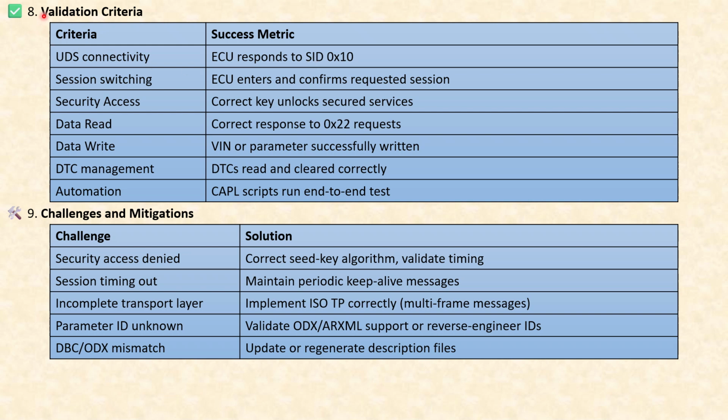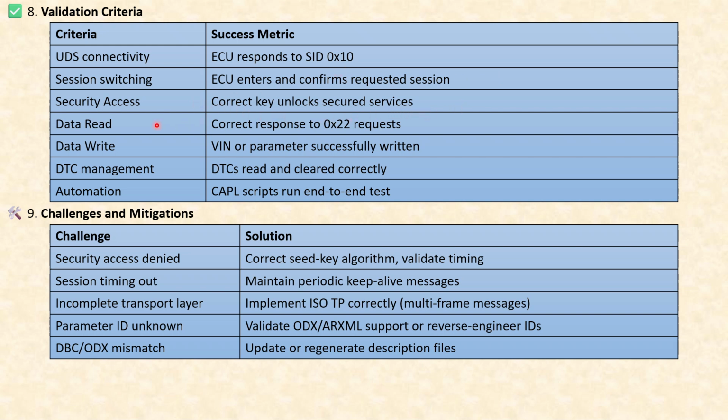Now talking about the validation criteria and the success metrics. First criterion is UDS connectivity, and the success metric is the ECU responding to the service request. Next is session switching: the ECU enters and confirms the requested session. Security access: the correct key unlocks secured services.